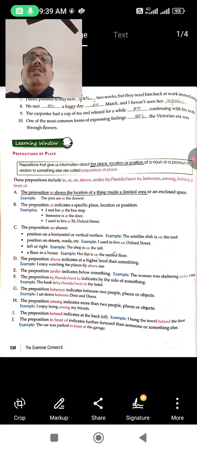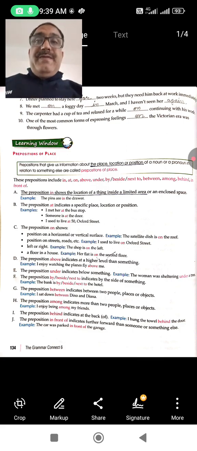These prepositions include in, at, on, above, under, by, beside, next to, between, among, behind, and in front of.